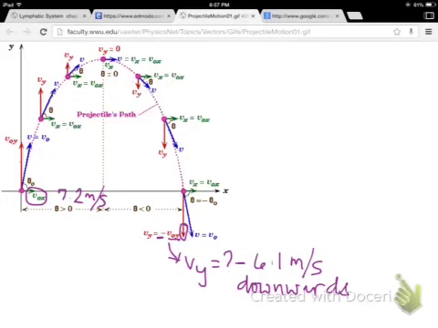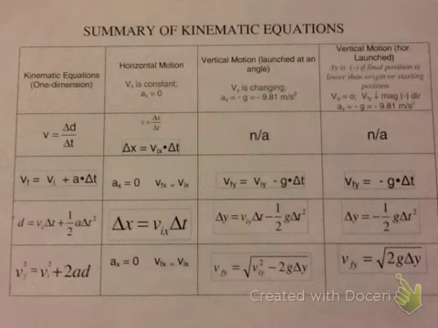Mathematically, however, you can solve this Vy by using the equations. So let's take a look at our list of equations. If you use this equation, this means that this is your final velocity at the landing position.